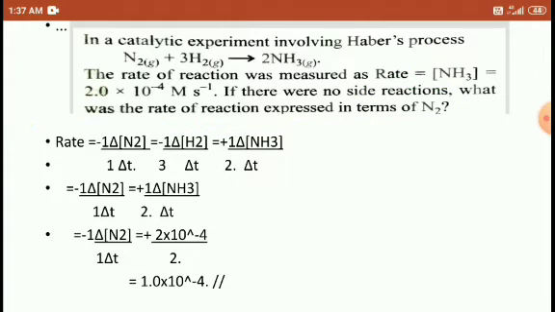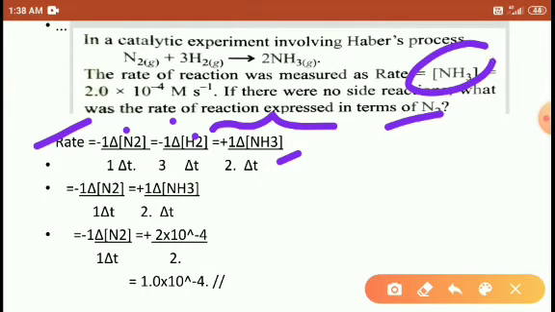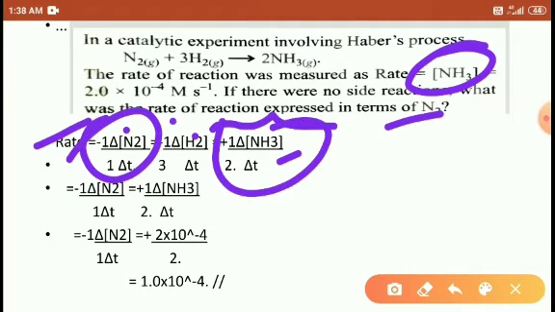So students, the rate of reaction is: the stoichiometric coefficient of nitrogen, 1 by 1, times the decrease in concentration of nitrogen, minus delta N2 by delta T, and the decrease in concentration of hydrogen, that is minus 1 by 3 delta H2 by delta T. The next is the increase in concentration of the product, ammonia, with stoichiometry 1 by 2, that is delta NH3 by delta T. Then we have to use only the nitrogen and ammonia terms.